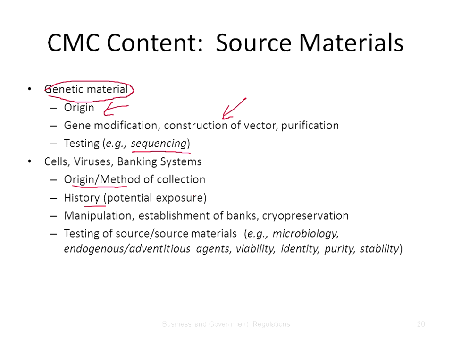How you manipulated the cells to introduce the vector in it, and how you established the cell bank, how you used cGMP protocols to establish the cell bank, how did you do cryopreservation, and of course testing of the raw material, source materials.